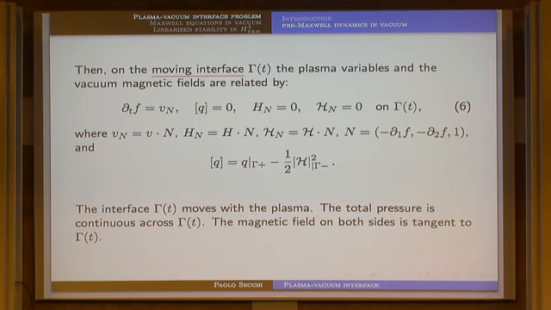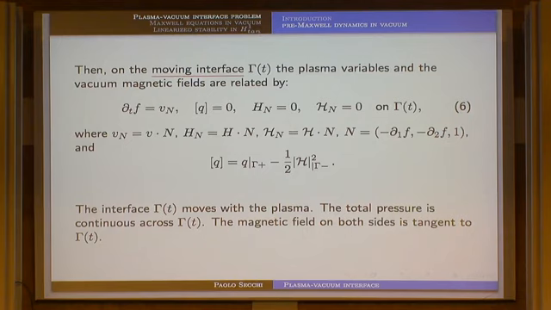On the interface, the moving interface between the two regions, we have to impose the Rankine-Hugoniot condition for the system, which takes this form. The first equation says that the velocity of the front, F, is the normal velocity of the fluid, which means that the interface moves with the plasma.